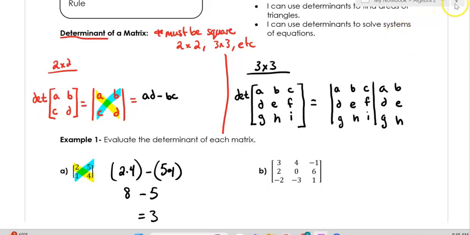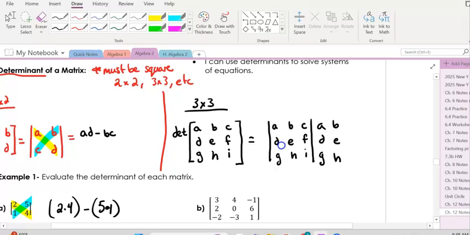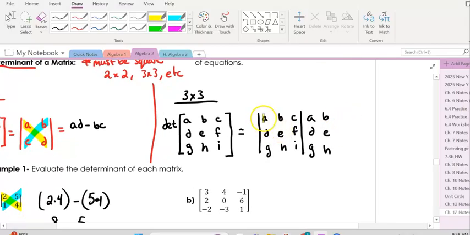Let me get my highlighters up here. We're going to take A times E times I. And then we're also going to do B times F times G. And then we will finally do C times D times H. Some people call this the lattice method.